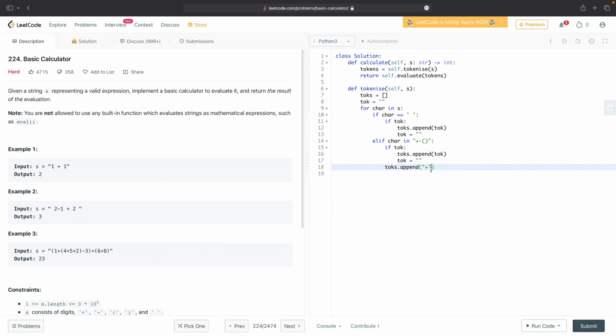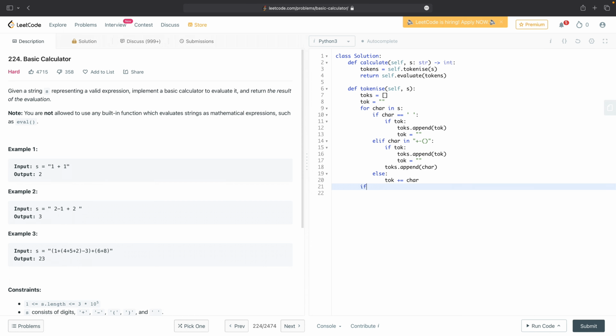If it's any of those, we're done with whatever other token we were making. So just push it on. Else, tok plus equals car. So if it's not a space, and it's not a plus, and it's not a minus, and it's not an open paren, and it's not a closed paren, then it must be a digit. So we want to build up our token.